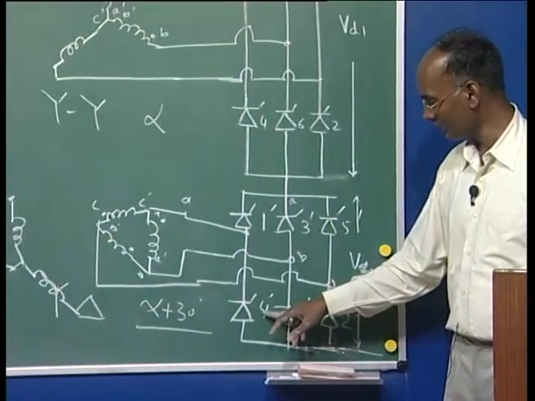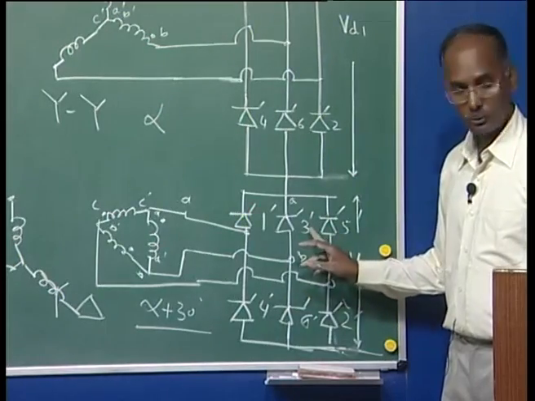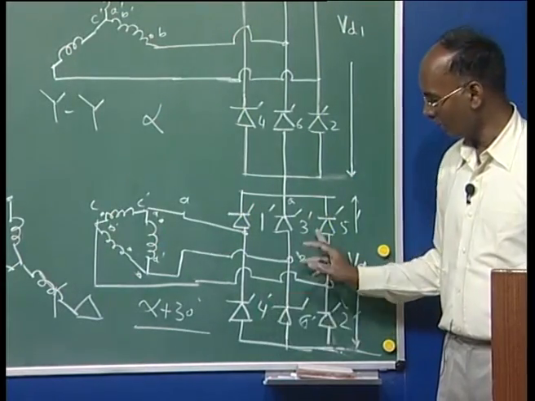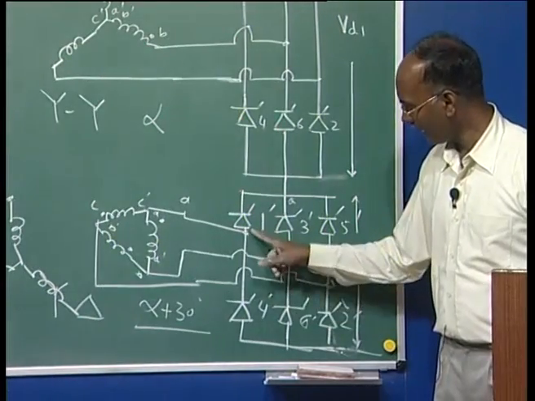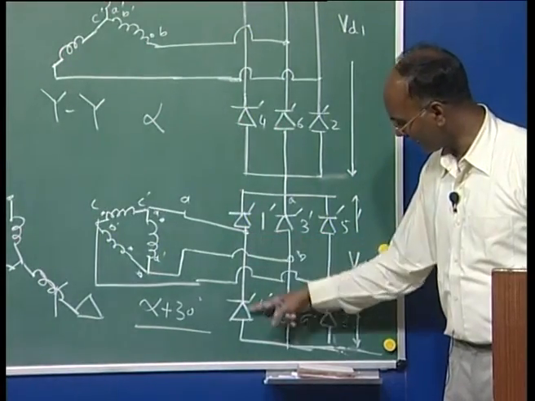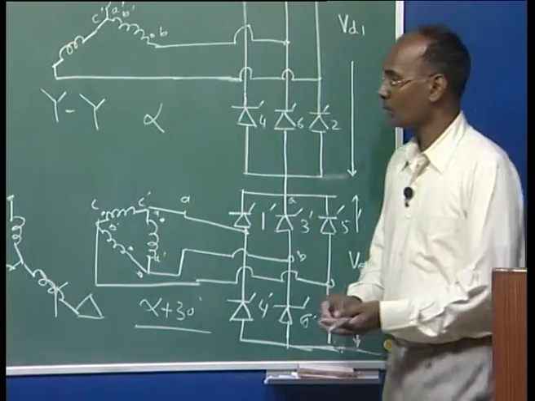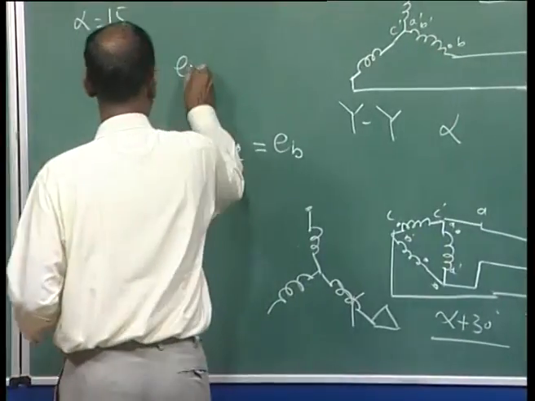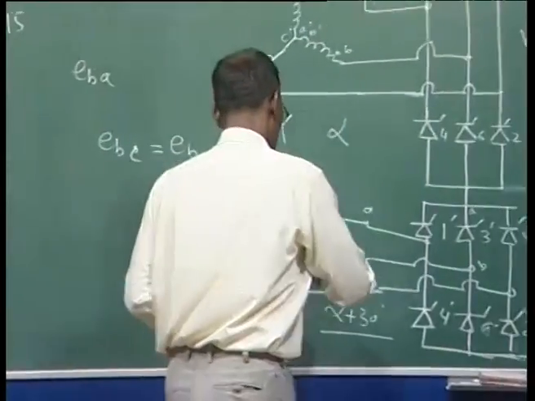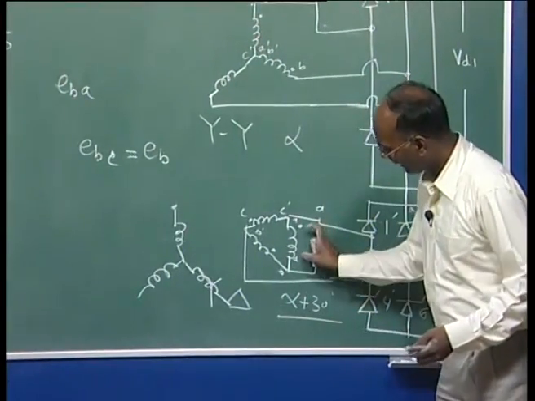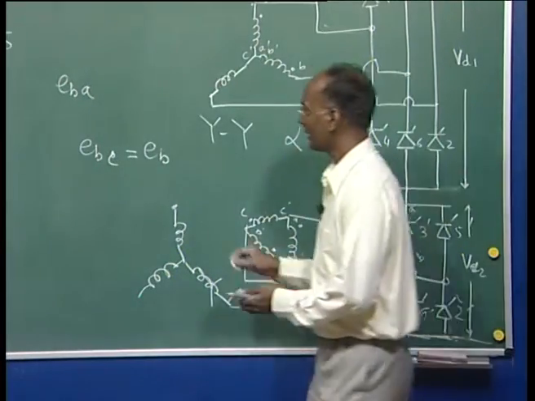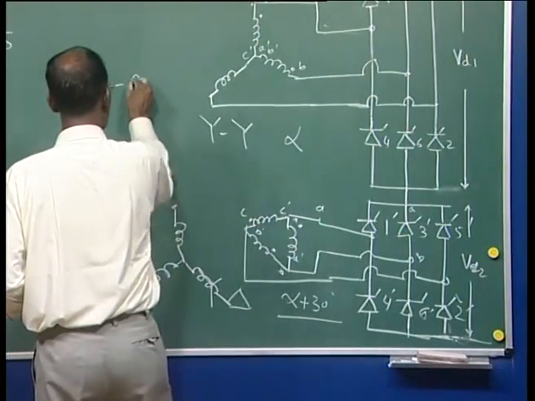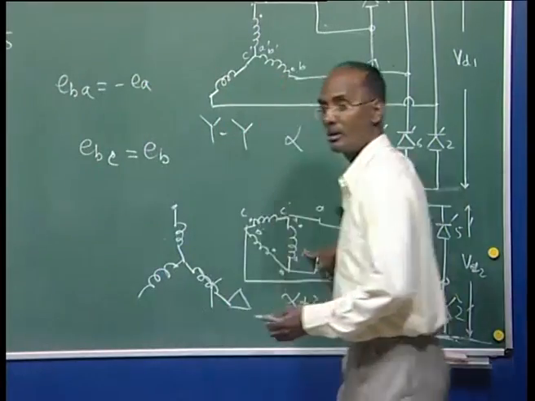Which ones are conducting? 3 and 4 are conducting, so it is B and A, and the output voltage here is BA. So EBA, what is EBA? It is the negative of this phase, so it is nothing but minus EA in this case.